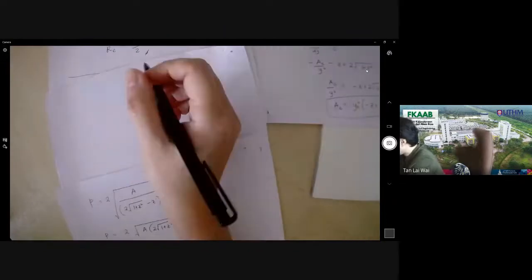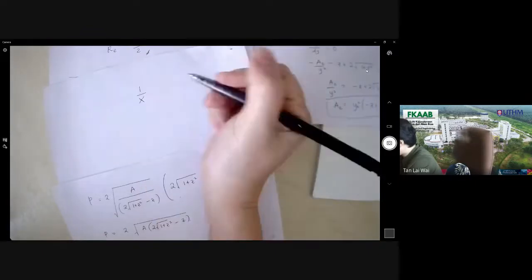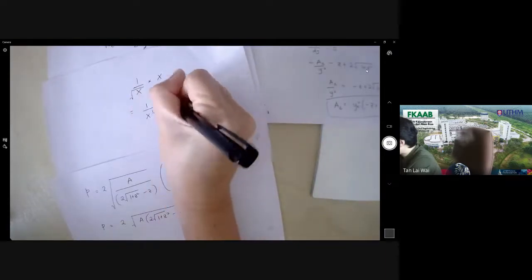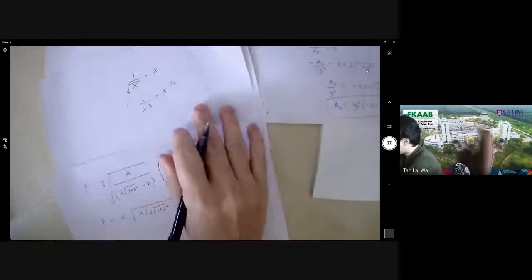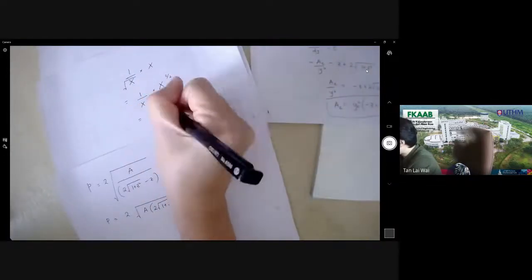It's something like I have 1 over, let's use x, square root of x, times x. What I did here is I know that this would be 1 over x to the power of half times x to the power of 2 over 2. So when I combine this, I'll get x to the power of half.